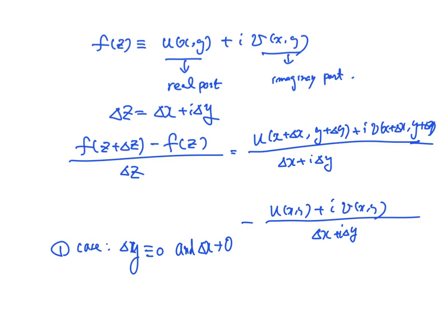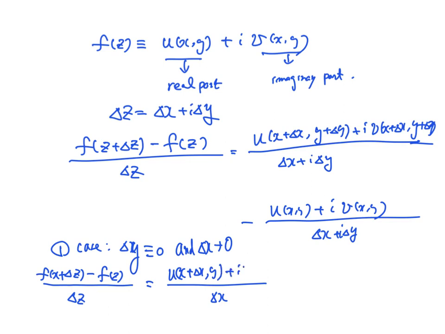In that case, delta y is 0, right? So we have u(x + delta x, y) minus u(x, y).